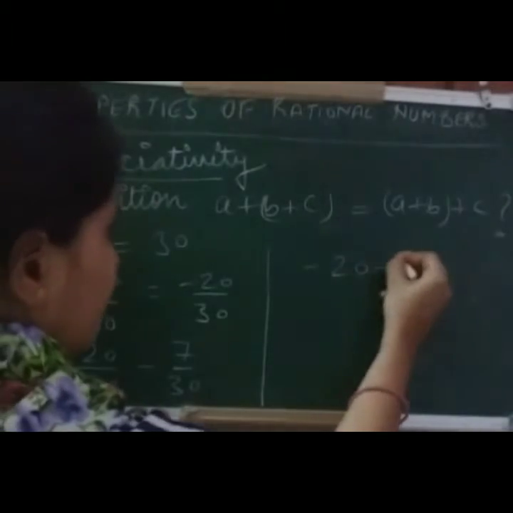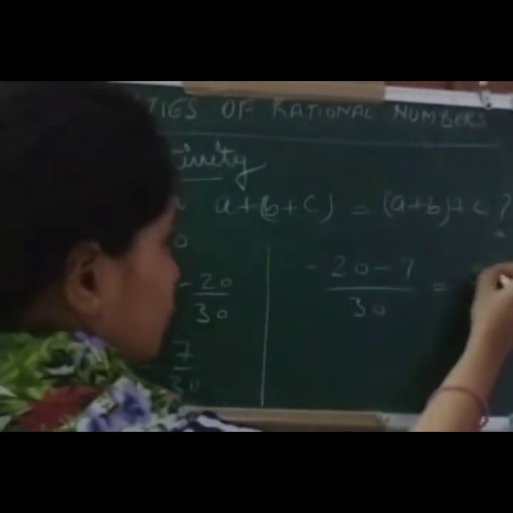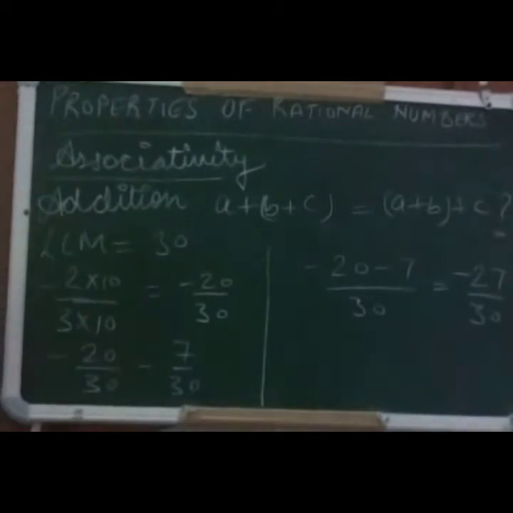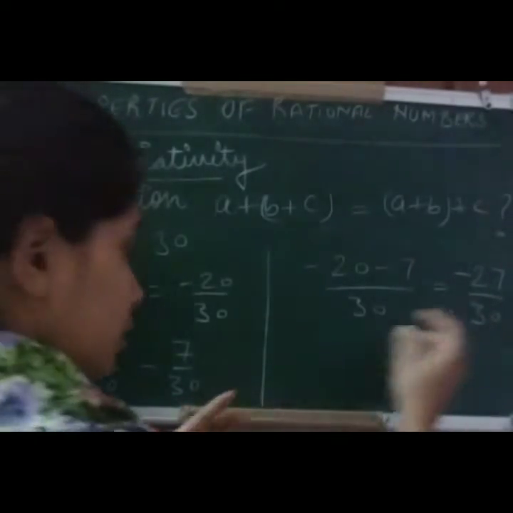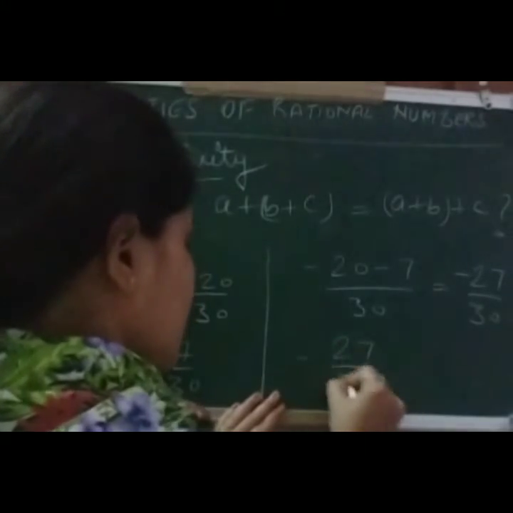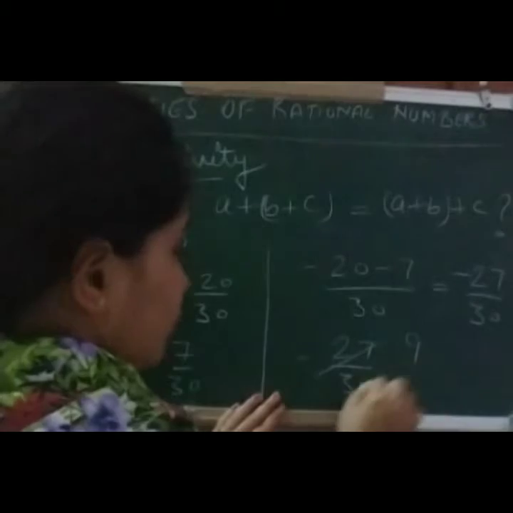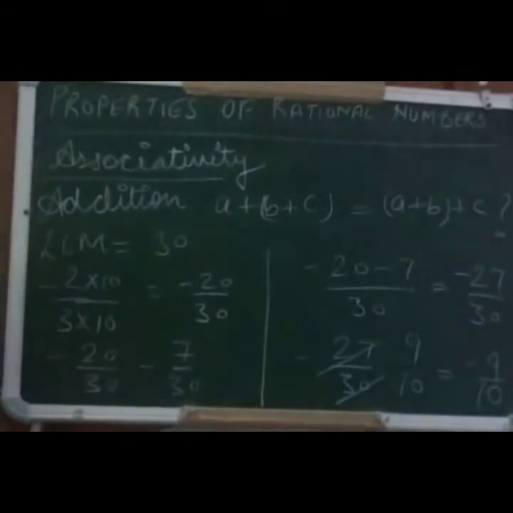Minus 20 and minus 7 is minus 27 by 30, and the sign is minus. Got it? Now if we want to reduce it, we will reduce it. 27 by 30, 3 9s are 27, 3 10s are 30. So minus 9 by 10.